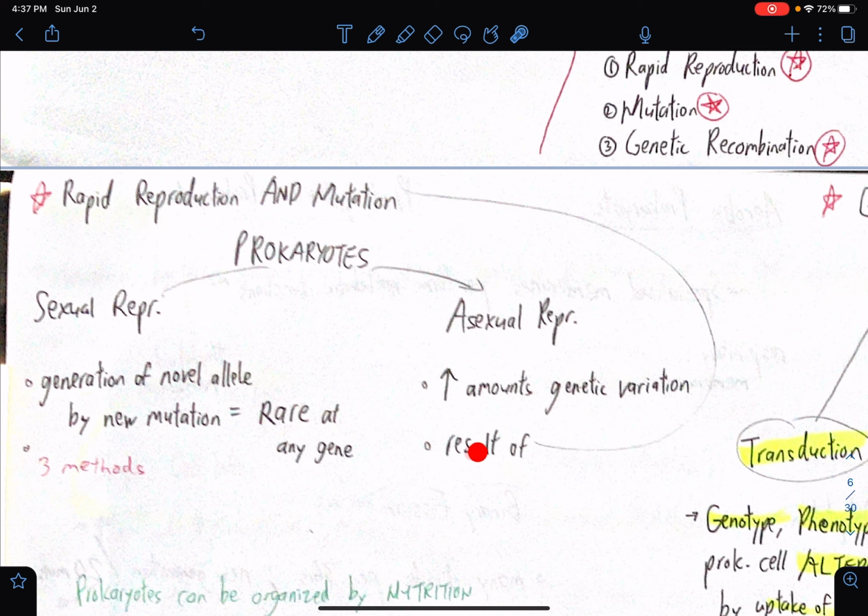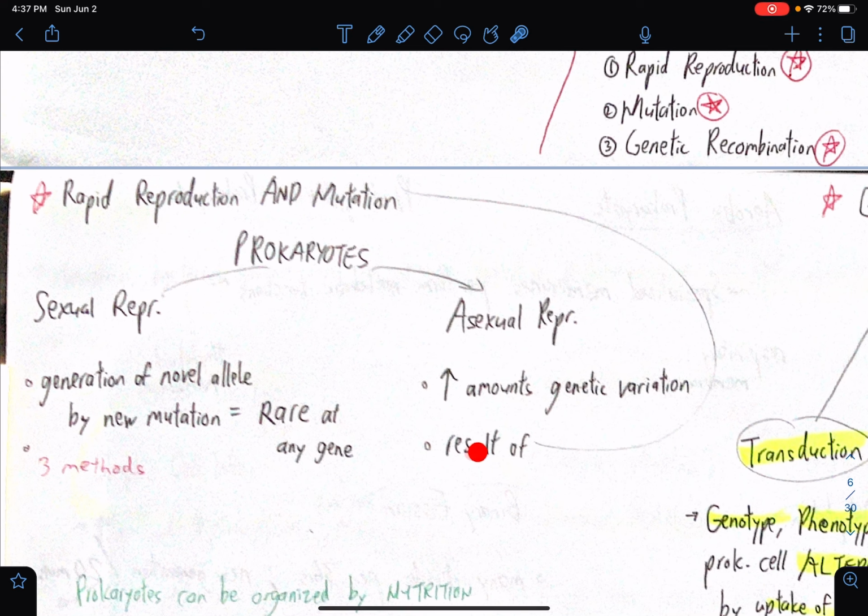So for instance, bacteriophages, viruses infecting bacteria, carry bacterial genes from one host to another. How about conjugation? Genetic material is transferred between two bacterial cells that are temporarily joined. So DNA transfer is one way. Donors use sex pili to attach to the recipient.